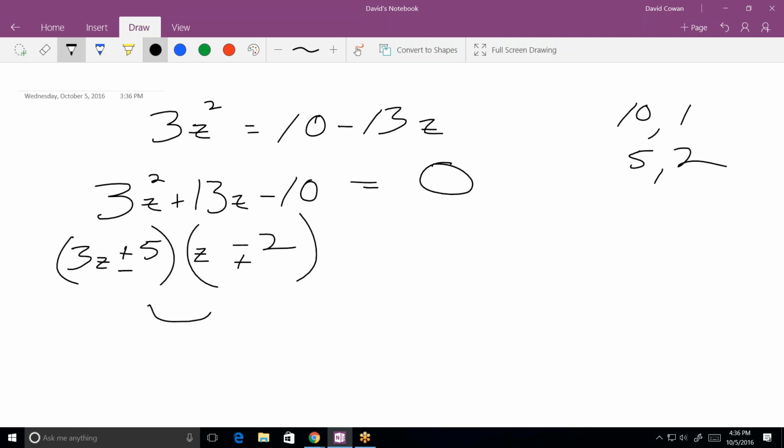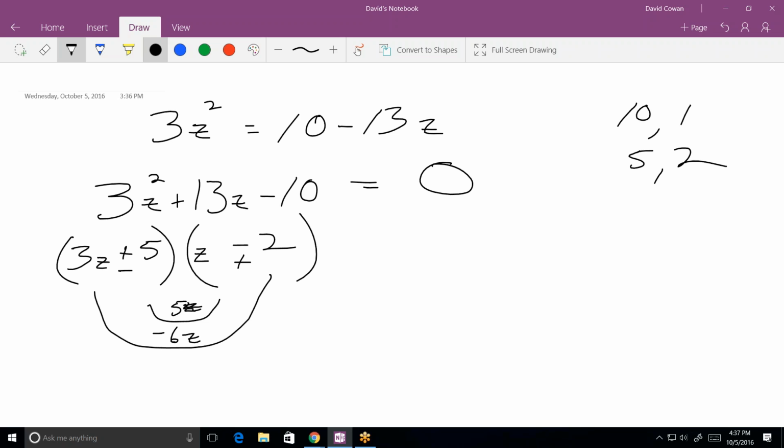The middle term always comes from the inside and the outside. Just multiply the inside two terms together, the outside two terms together, add them together. That gives you minus 1z.